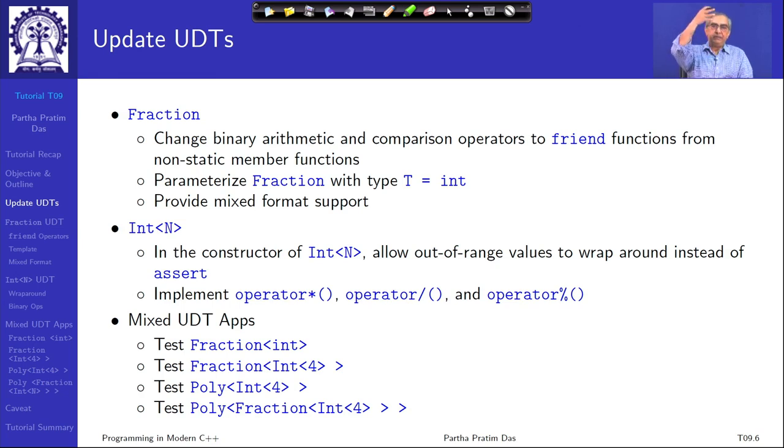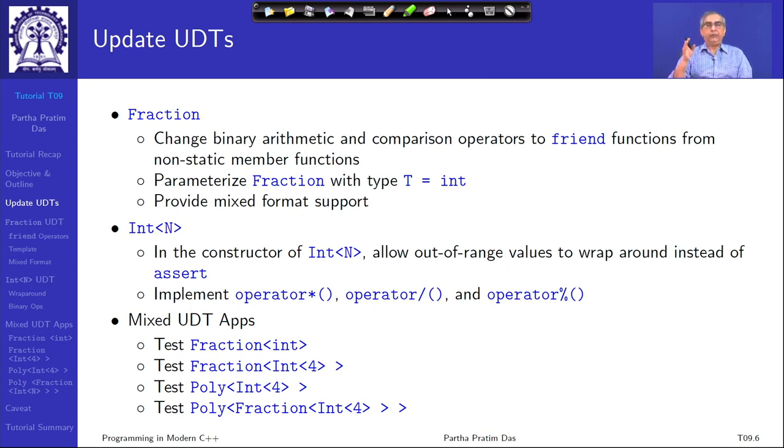If you cross the maximum int, it will become min int and then start going from there. If you cross the min int, trying to become even smaller, it will jump back to max int. That wraparound behavior we would like to put in, and then operators multiplication, division, residue were not supported. With this wraparound they will become very easy to support.